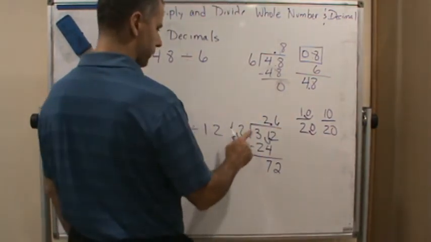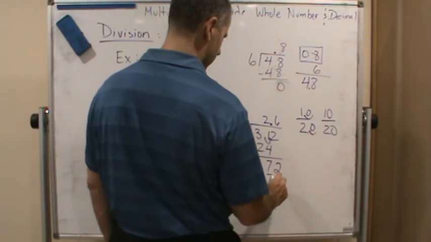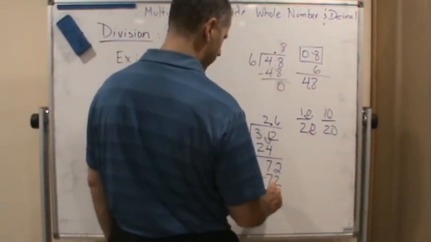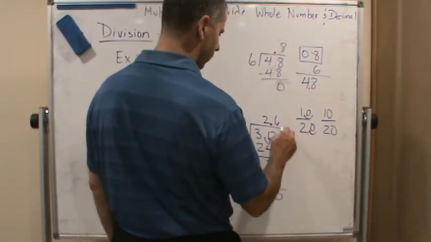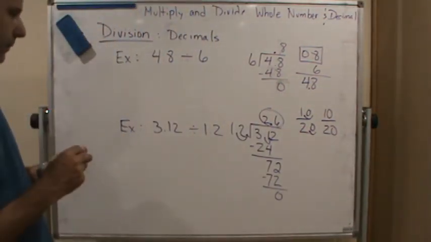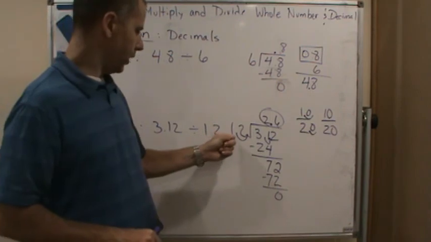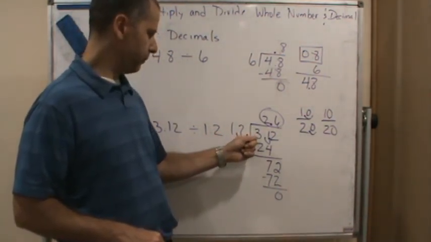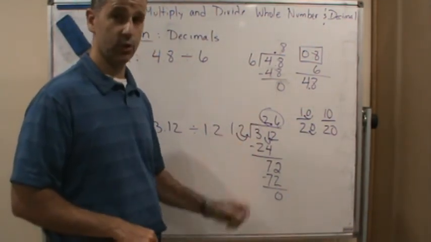And then 12 times 6 is 72. We get a remainder of 0, and the answer is 26. And we're done. So 312 divided by 1.2 is 260.